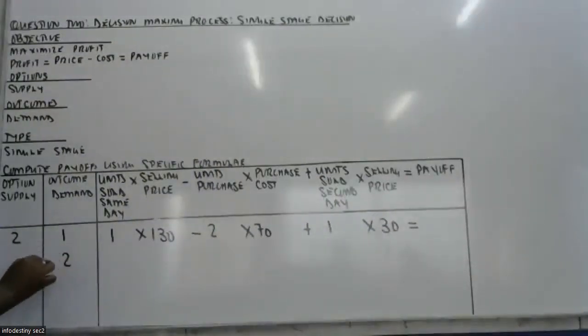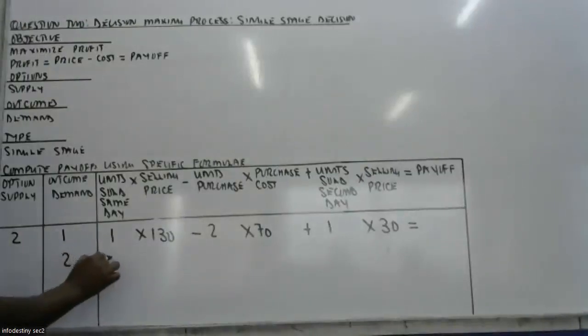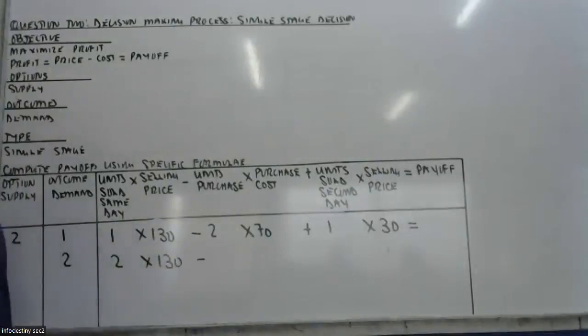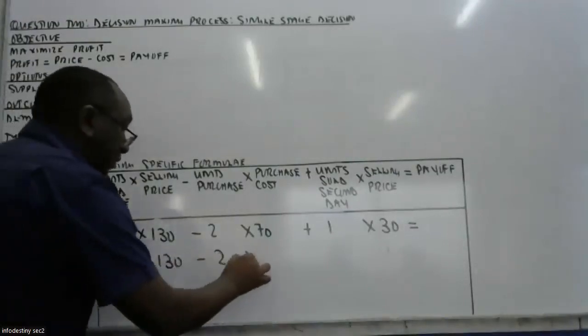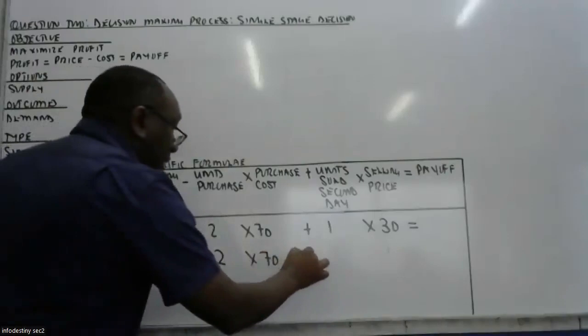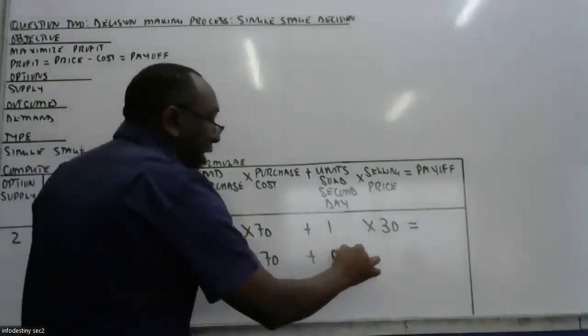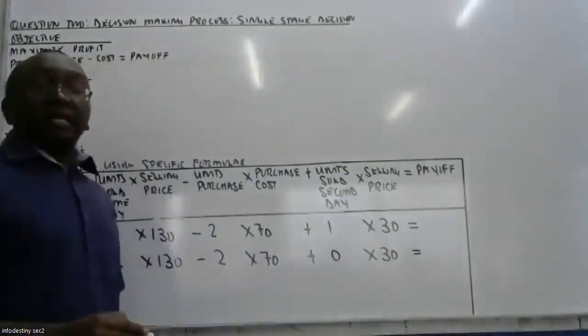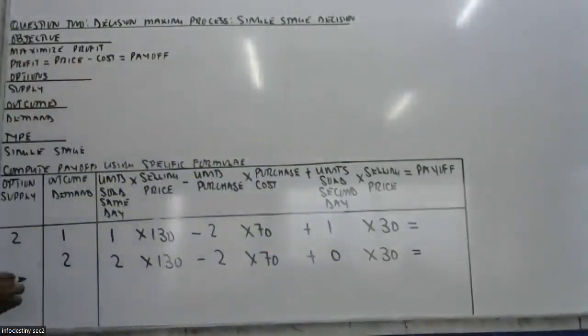If 2 customers come, you sell 2 the same day at 130, because you have bought 2 at 70. But there is nothing that now remains to be sold the following day.